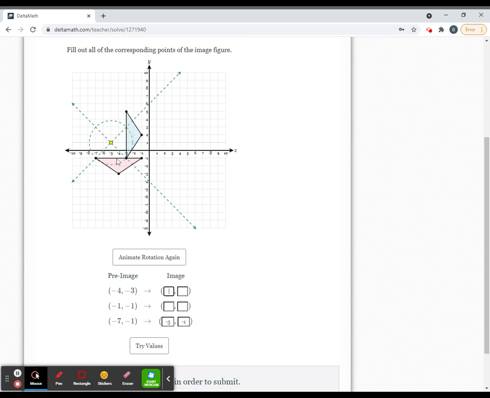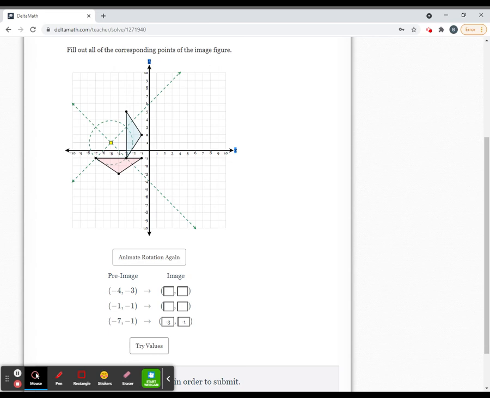And if you have trouble seeing where it went, you can hit animate rotation again, and it will tell you where it went. So let's look for our point -4, -3. Which one was that? It was this middle one right here. Sometimes it's fairly obvious, but on shapes where maybe you have 4 or 5 points and they're kind of close together, it can get confusing which one's which.